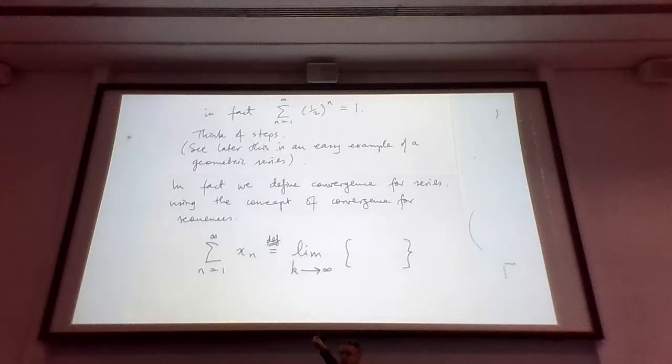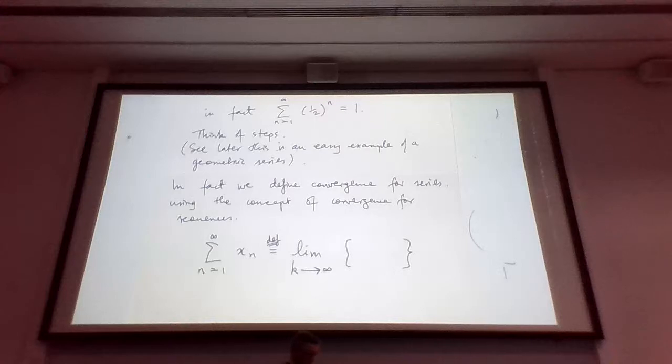Now we've spent a long time discussing limits of sequences and convergence of sequences. We've got a very good understanding of that. We've got several results about how convergence of sequences behaves. So what's a natural sequence to associate to the infinite series?